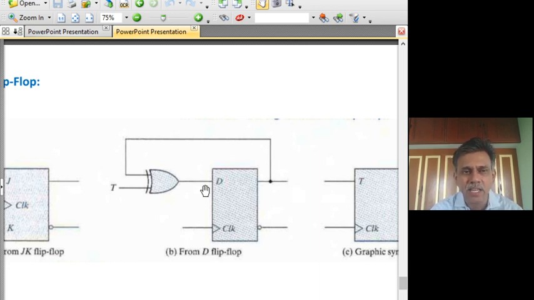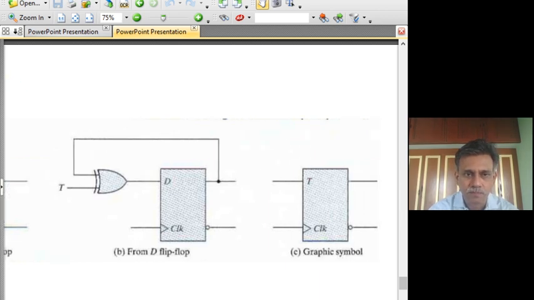So the characteristic equation of the T flip-flop is T exclusive OR Q. If this is given to D, then D is equal to T exclusive OR Q, and Q plus will be equal to D when a positive edge comes in the clock, and therefore Q plus will become T exclusive OR Q. So thus we have a T flip-flop.